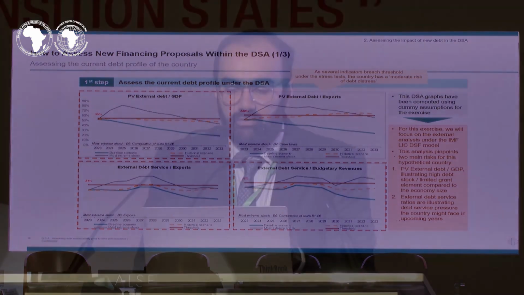So, first, you would need to look at your current DSA. Where are your current debt profile pressures? And assess any type of new financing proposal within this specific profile. If you are a country with a similar debt profile, you are considered here as medium, with a moderate risk of debt distress.